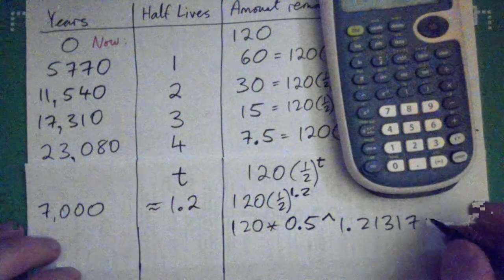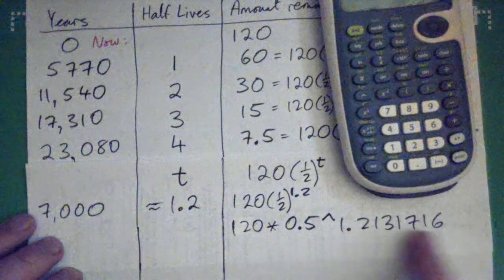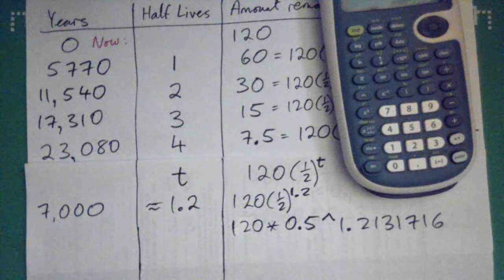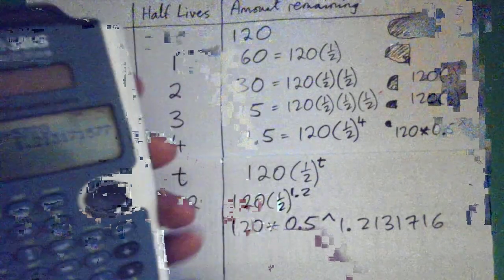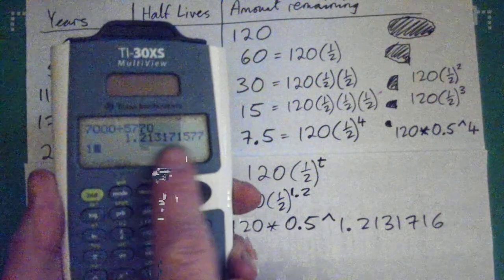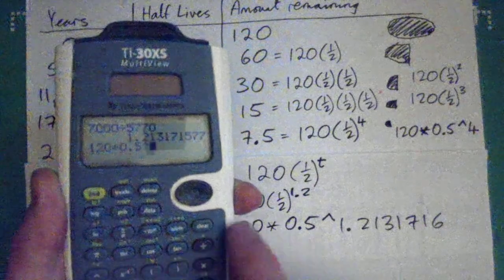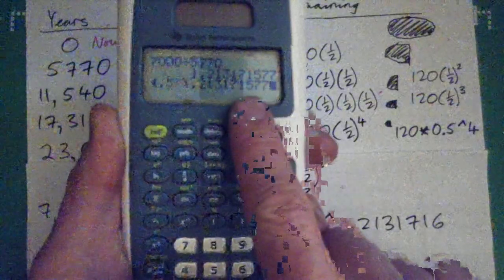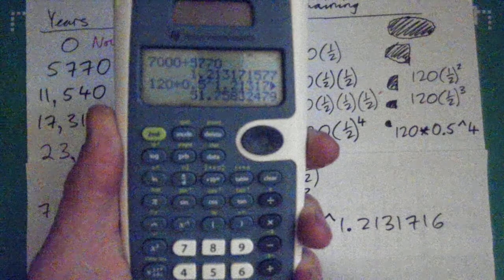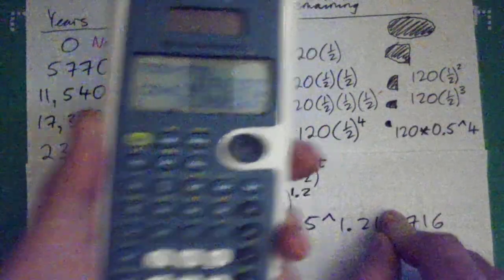I'll just give it a bunch of digits just to be accurate, or even better, on the calculator I can go 120 times 0.5 to the power, and then I can use the arrow, go up and highlight that, and then press enter. Then that whole thing comes in here, and I press enter, and I get that, right? Does that make sense?